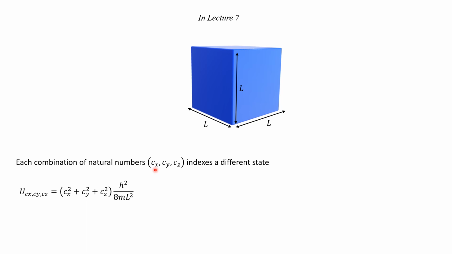We only need the effect of the spin in an indirect way, because we need to take into account Pauli exclusion principle, which is a consequence of the spin of the electron. But we're going to still consider that these three natural numbers will index a single state as opposed to two states.